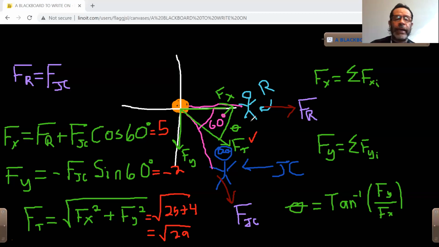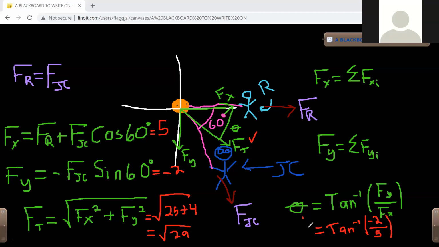So how do you calculate the angle? Once you have these two values of Fx and Fy, the angle is going to be the inverse tangent of the y value, which in this case is -2, divided by the x value, which is 5.